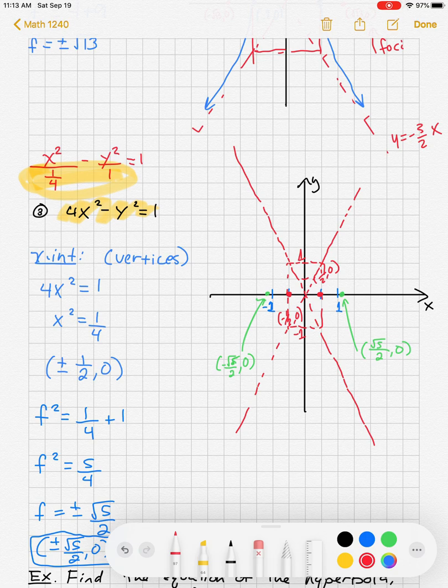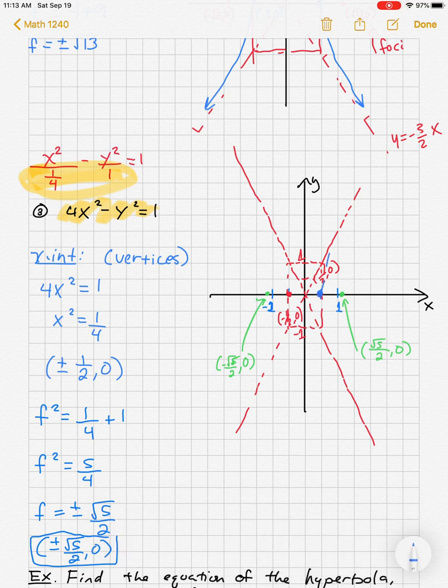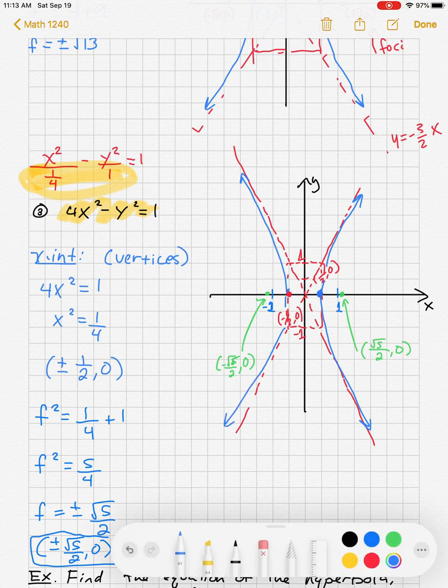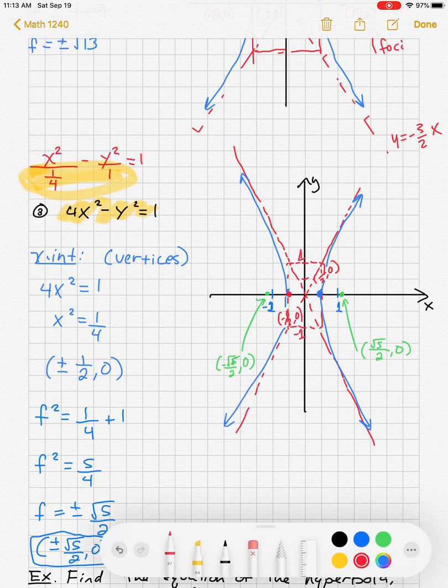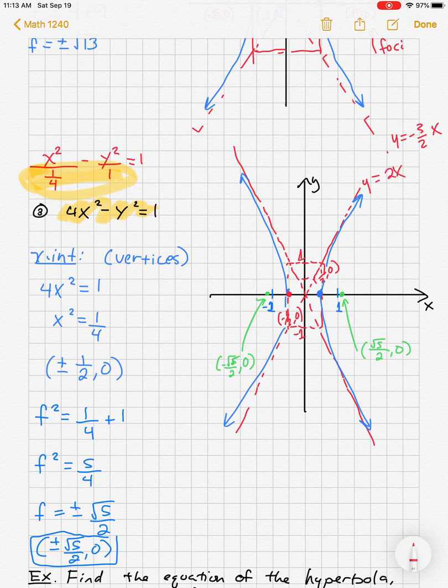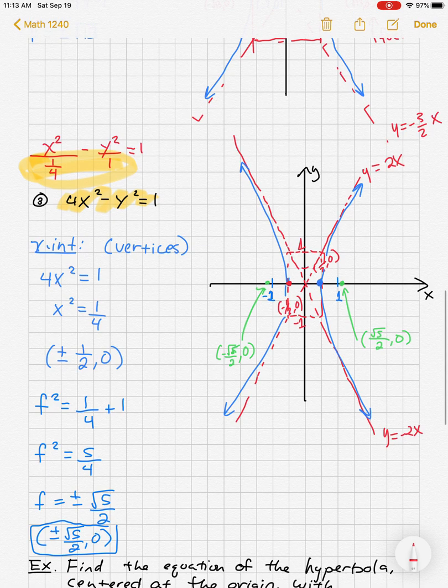What color should I use? I'll use the blue, I guess. And there, and then I didn't label the asymptotes, so let's see, the rise is 1, the run is a half, 1 over half is 2. Okay.